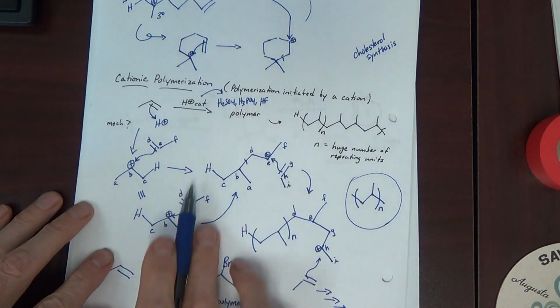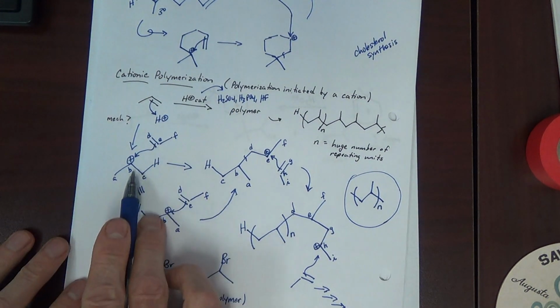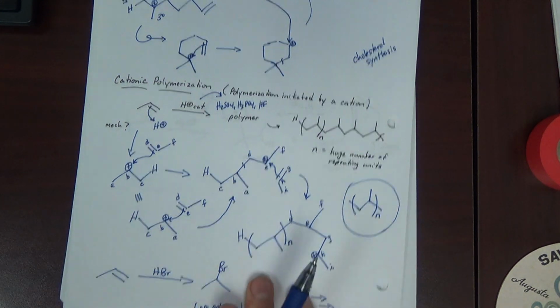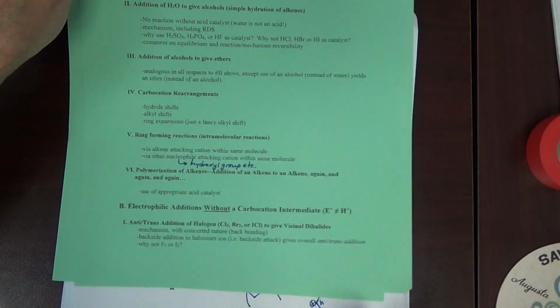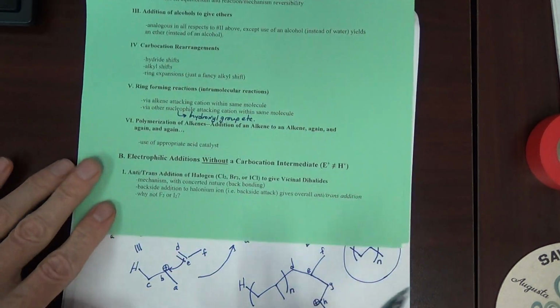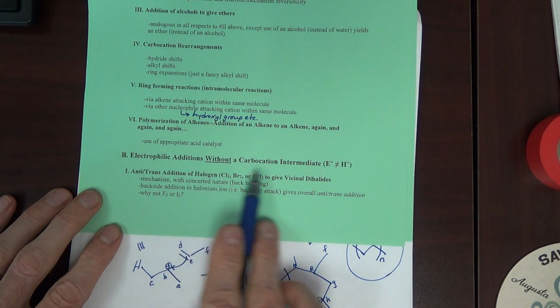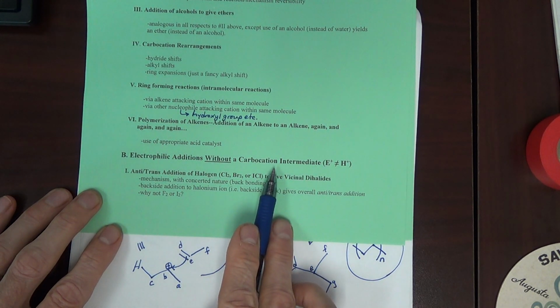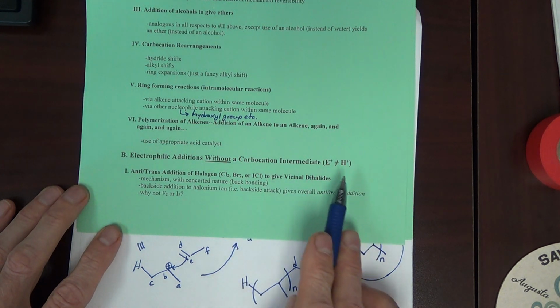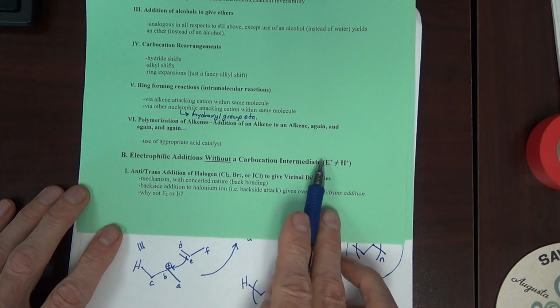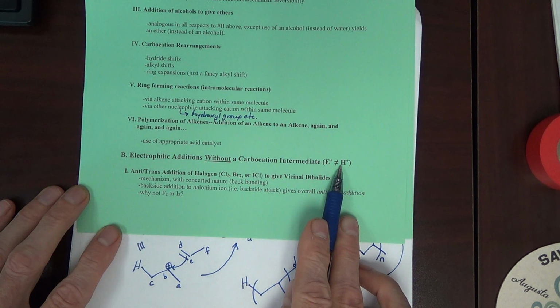In both of these examples, the alkene attacks a carbon plus. But we haven't attacked anything else yet. Down below, we're going to start looking at reactions without a carbocation intermediate. Now, with these reactions, we will not attack H plus.